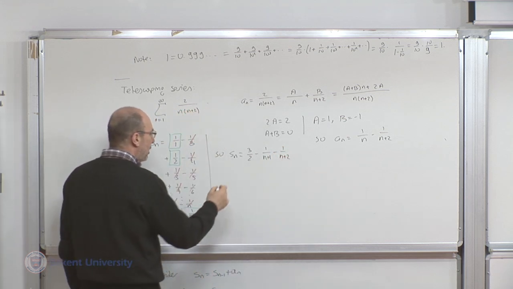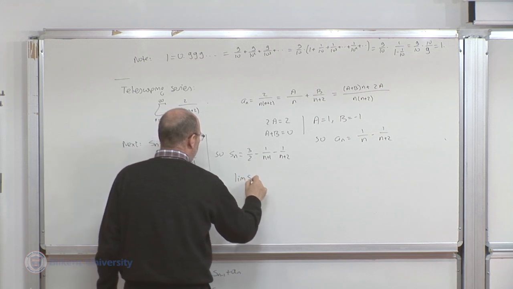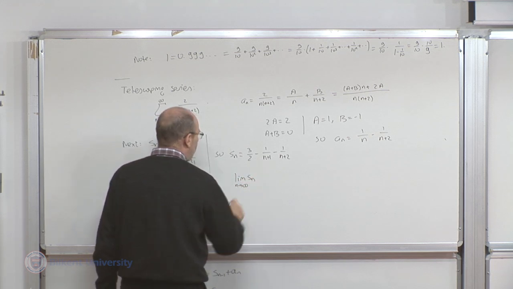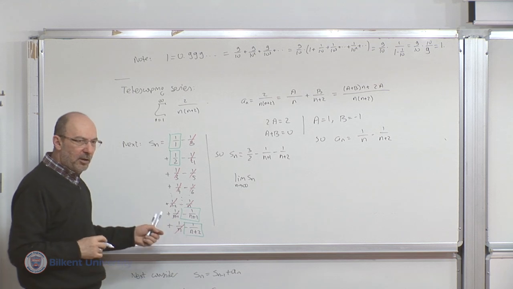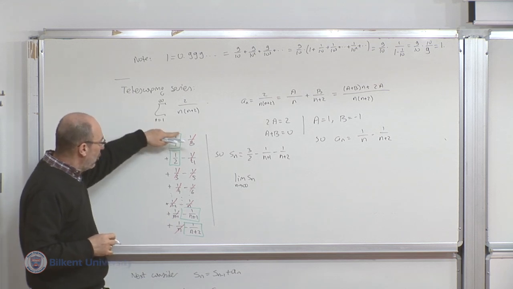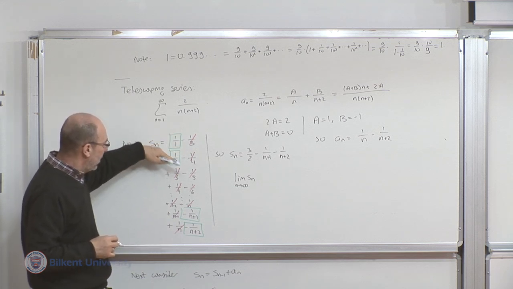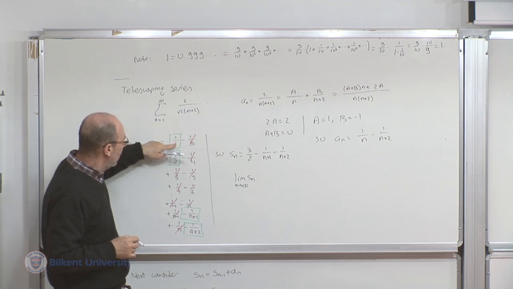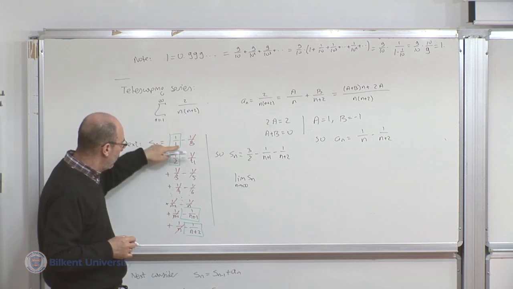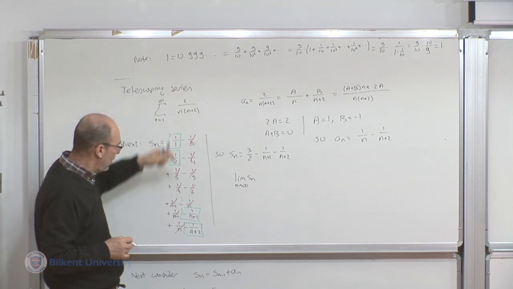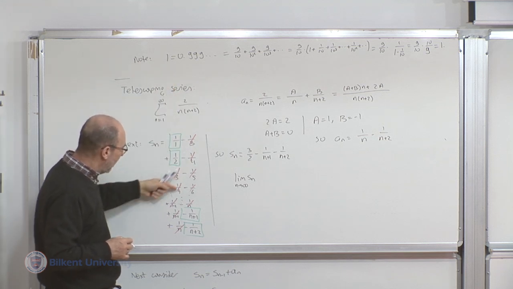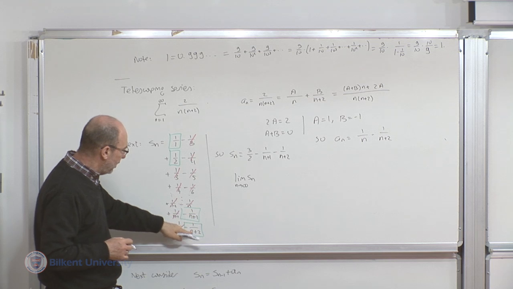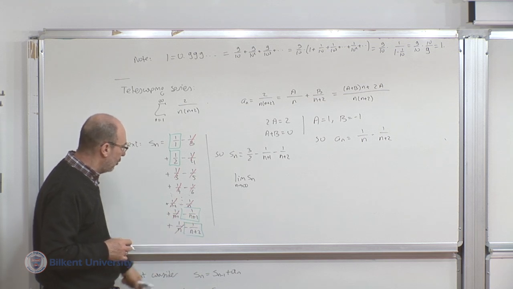What am I interested in? I'm interested in the limit of S_n as n goes to infinity. This is going to be a very typical case. You will have some numbers here which are not cancelled, because the things that we are going to cancel according to this pattern would be here, but there's nothing here. And since everybody cancels something down, these guys are not going to cancel anything on this side.